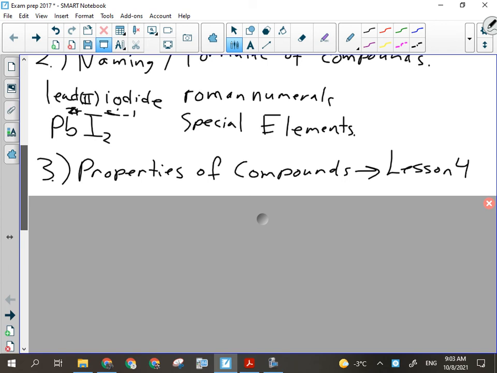The way that this will get tested is twofold. There could be some multiple choice questions that would maybe go something like this. They would ask you to do exactly what you did in the analysis of your properties of compounds lab. So, it sounds something like this. You have an unknown compound.